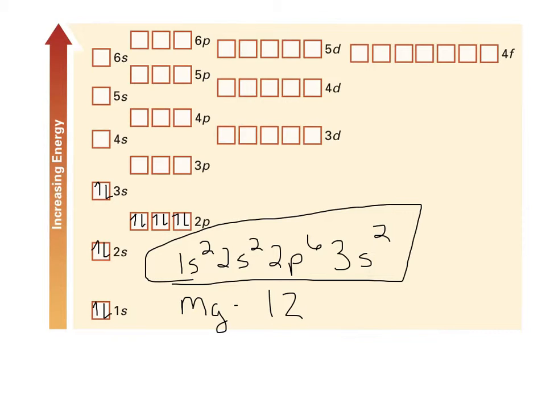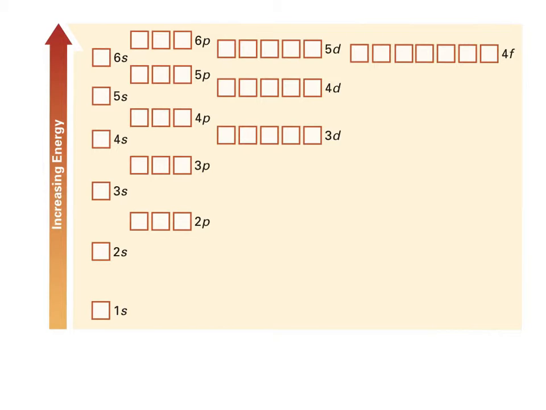All right, let's do one that's a little bit bigger. Let's say we wanted to do, what would be a good one? All right, what's the number on gold? 79? All right. 79.